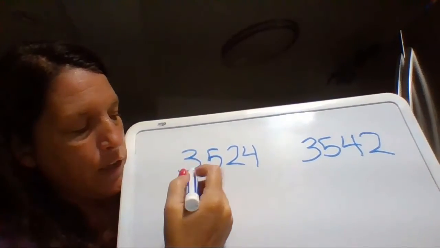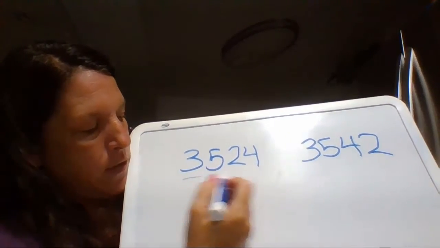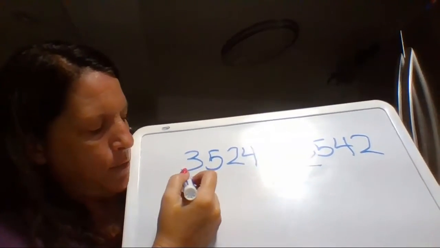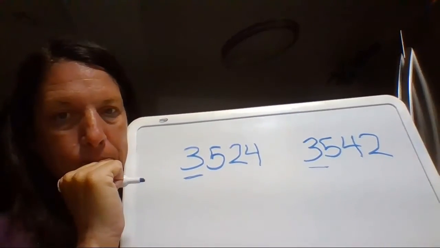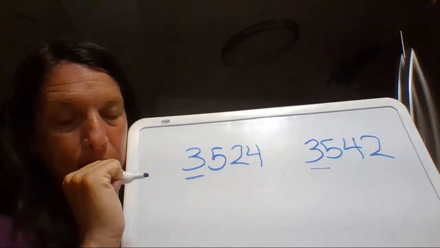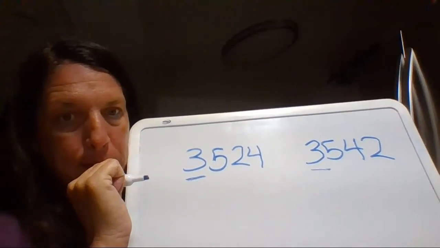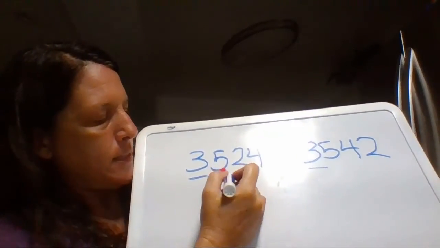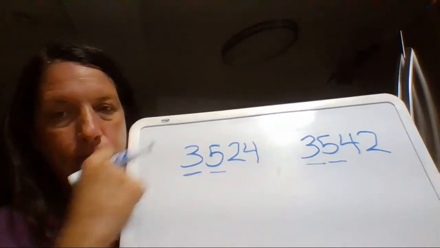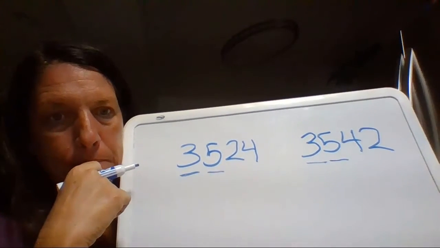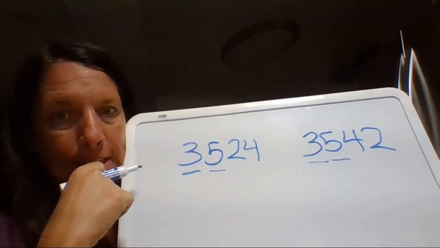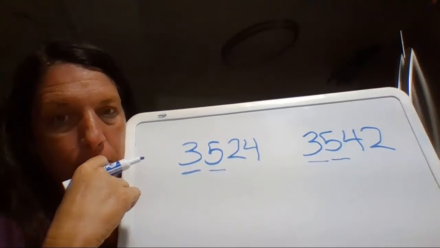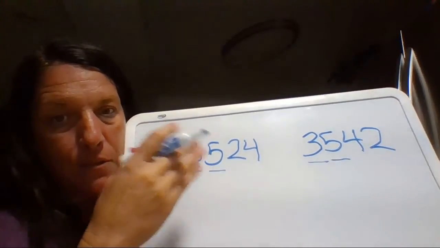Well, we're going to start over here with the thousands. Is the thousands number the same or different? Same, right? They have the same thousands, so that doesn't help us tell which one's bigger. What about the hundreds place? Does that help us? No, right? Because they both have 500. So far they both have 3,500.